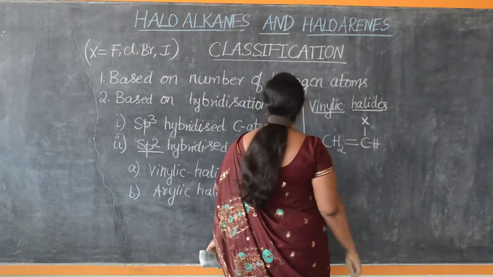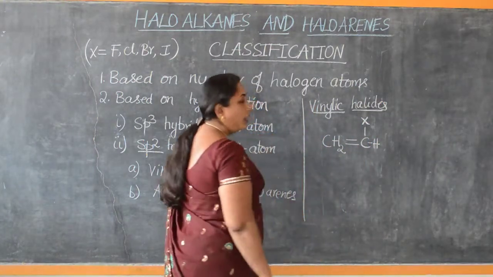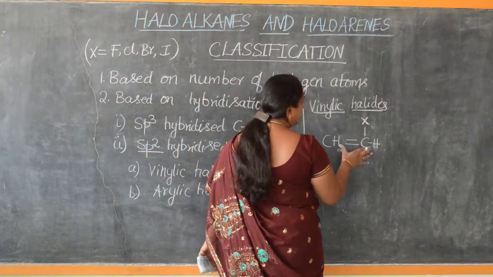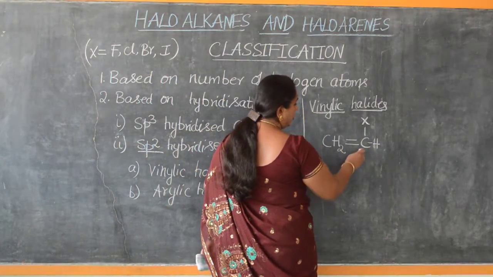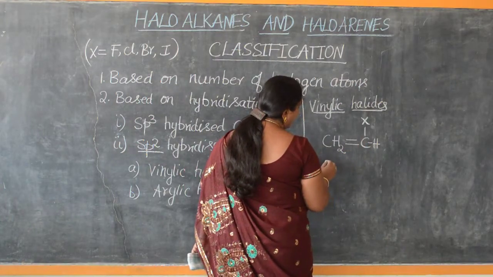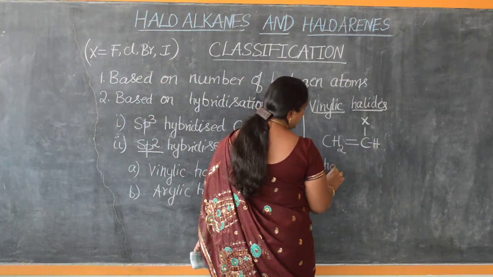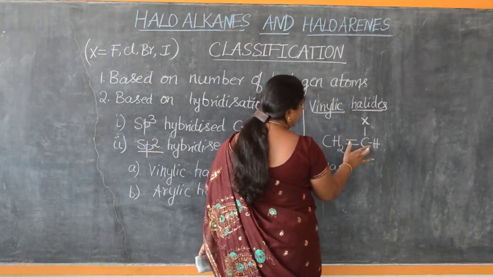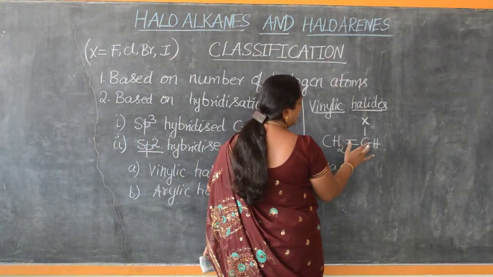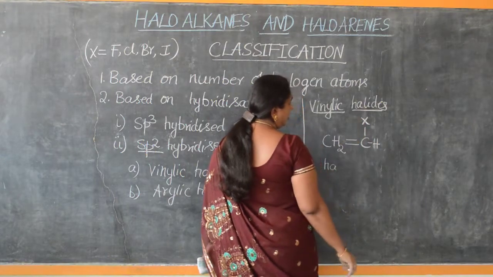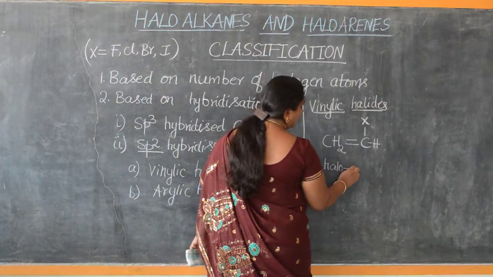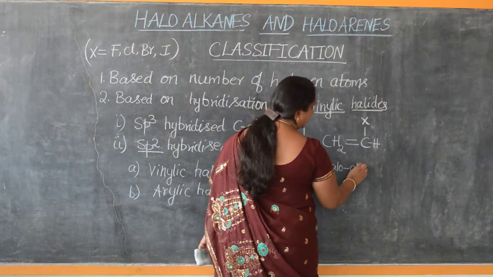This X can be chloro, fluoro, bromo, iodo as the case may be. Now, what is the name of this compound? The general name that we can give is halo. Of course, this is the first carbon atom, either this one or this side one. Let us consider this, so this will be getting the lowest possible number. 1-haloalkene.